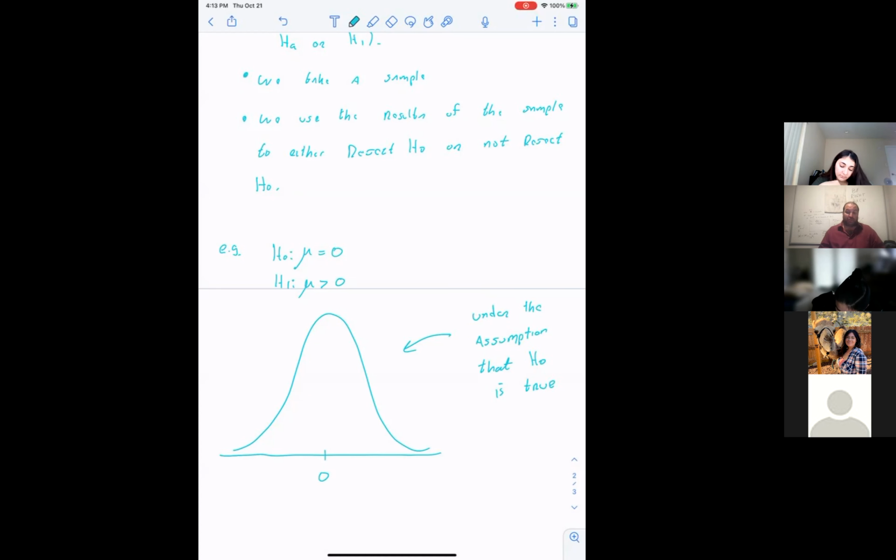Is that a reasonable conclusion based upon the sample? Anyone? Hello? If you get a large positive sample mean, would that give evidence to support the alternative that the mean is really greater than 0?